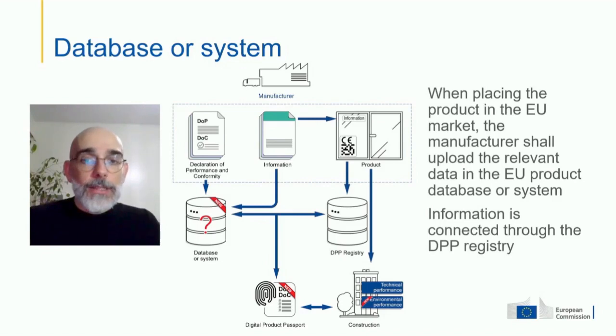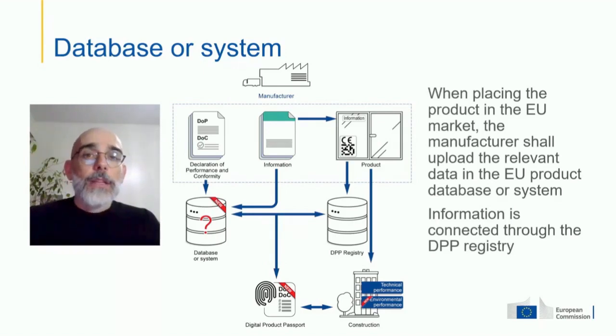In practice, we will use the same centralized registry that is used for the digital product passport, and our documents will be accessible through it, but we will define later how it is done. We can do this because the implementation of the digital product passport, both in the Ecodesign for Sustainable Products Regulation and the Construction Products Regulation, will not be at the entry into force of the regulation or at the date of applicability. It will be a bit later, meaning some years later.